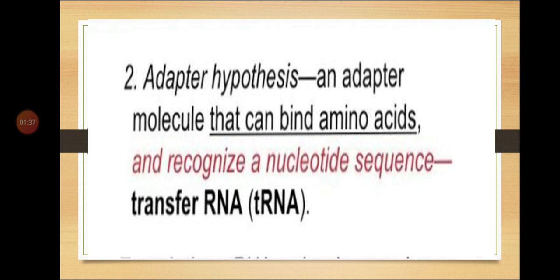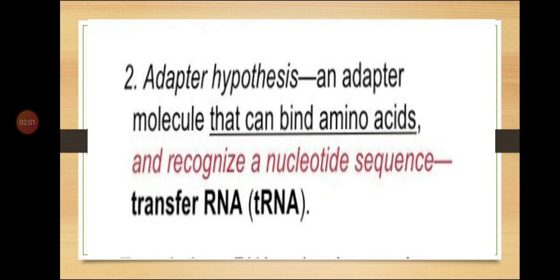Since amino acids do not have any special capacity to read the codons, tRNA will read the codon and simultaneously bind the amino acids. This property makes tRNA the adapter molecule. This role of tRNA was understood very much later.